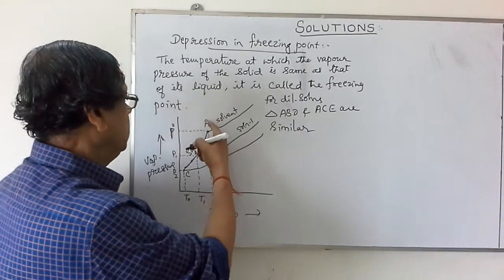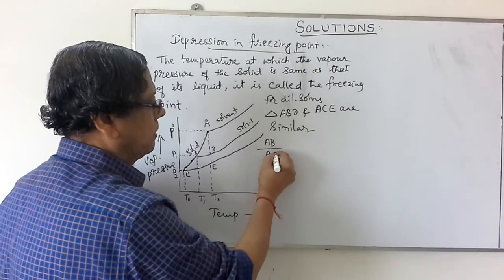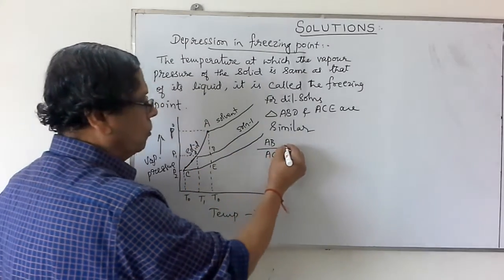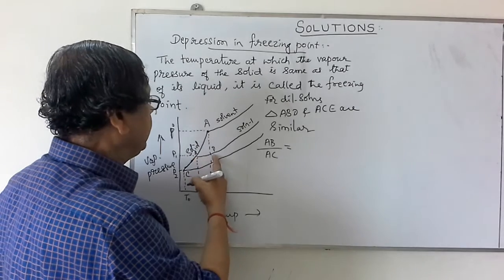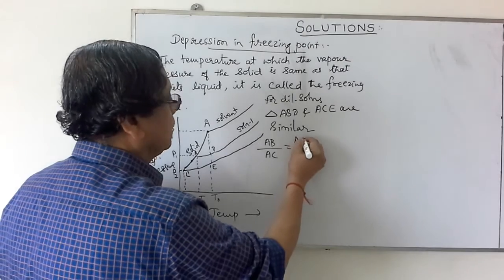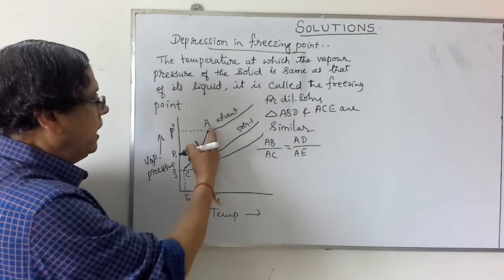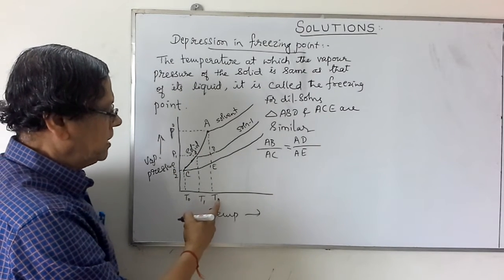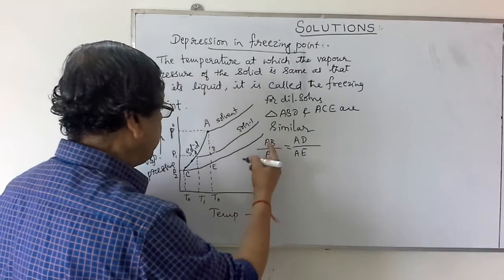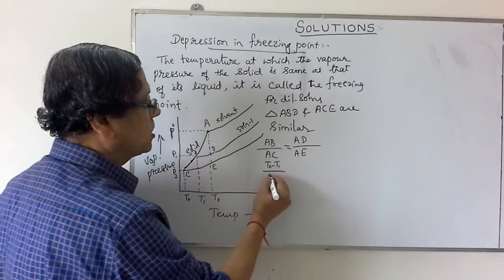So if you take AB by AC, that is equal to AD divided by AE. AB is nothing but the temperature difference between the pure solvent freezing point and solution freezing point. So this AB can be written as T0 minus T1, divided by AC, which is T0 minus T2.